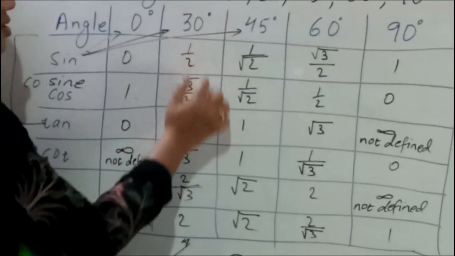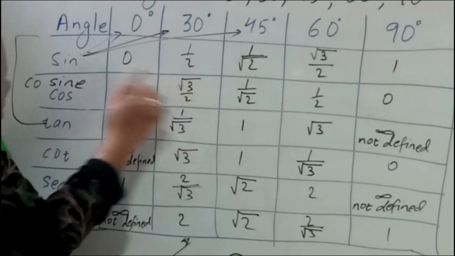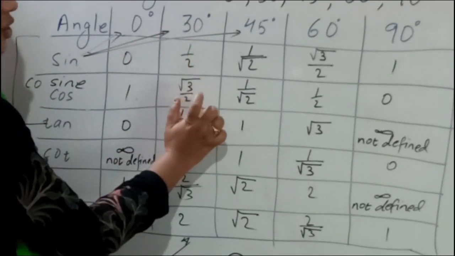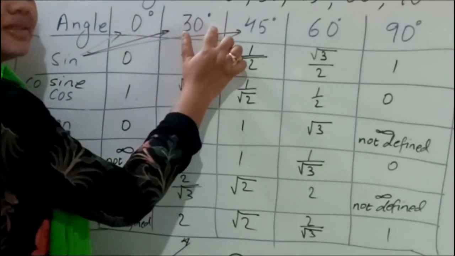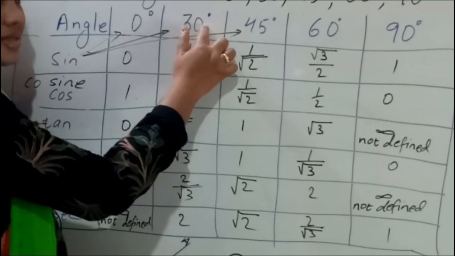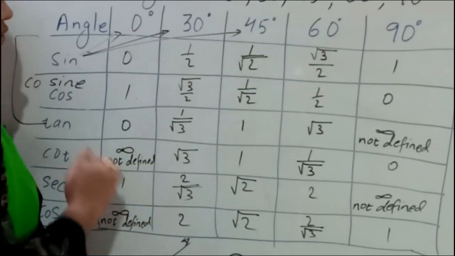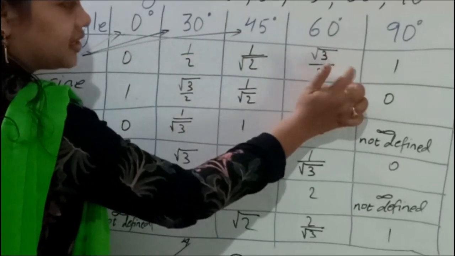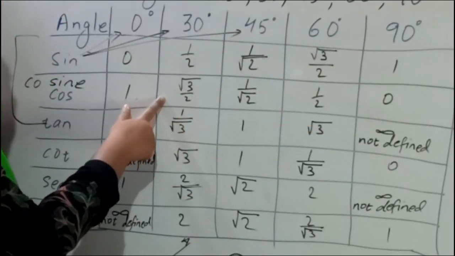So cos 30 is root 3 by 2. Once again, 30's complement is 60, so sine 60 is root 3 by 2.